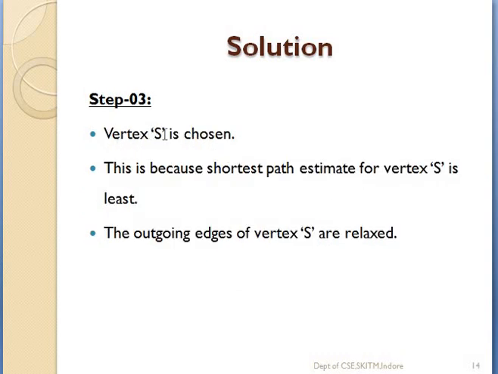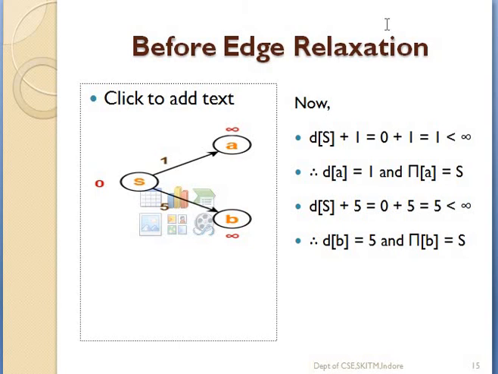After that, vertex S is chosen, because its shortest path estimate is the least, and the outgoing edges of vertex S are relaxed. Here the edge relaxation goes from S to A and S to B: the distance from S to A is 1 and from S to B is 5.